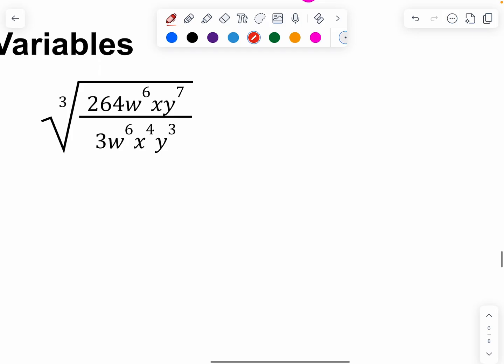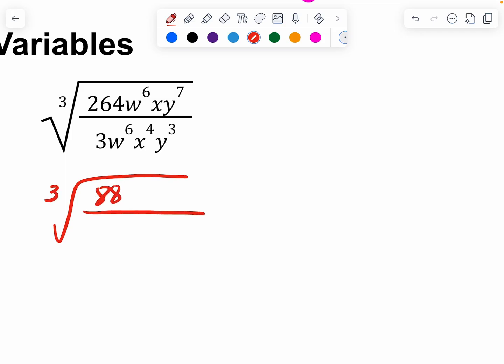Okay, let's look at this one. First things first, I simplify what I can simplify. 264 divided by 3, does it go in evenly? It does. 88. This right here cancels totally out. This will get me x to the third on bottom because I have 1x on top. I have 4 on bottom, so that cancels out. And then I have y to the fourth on top.